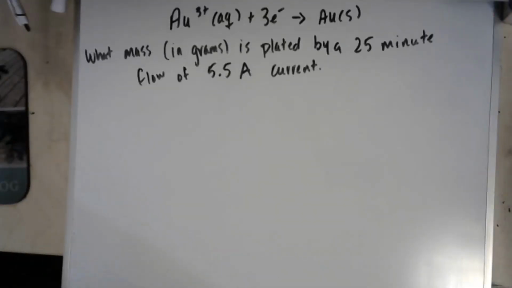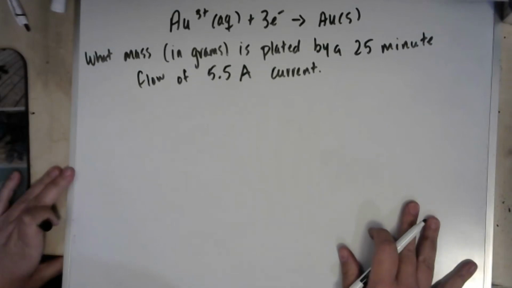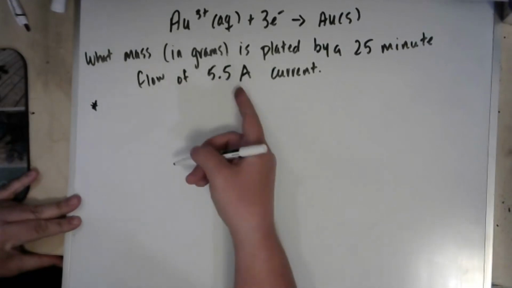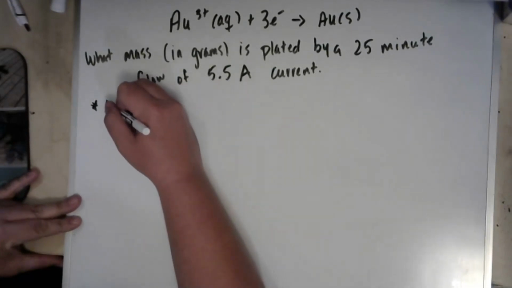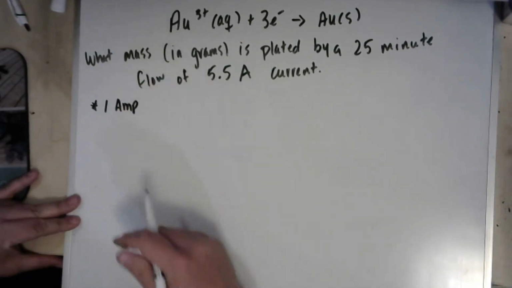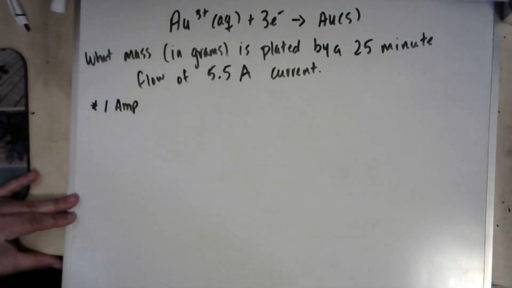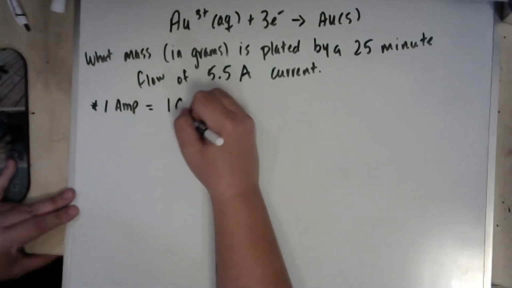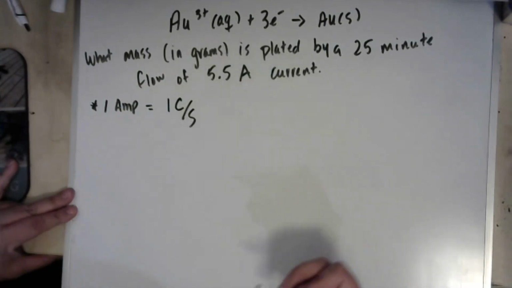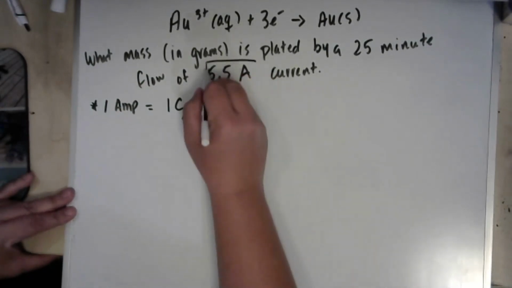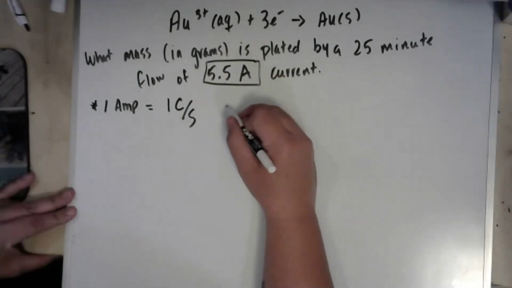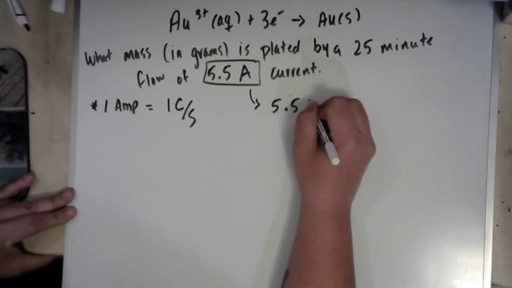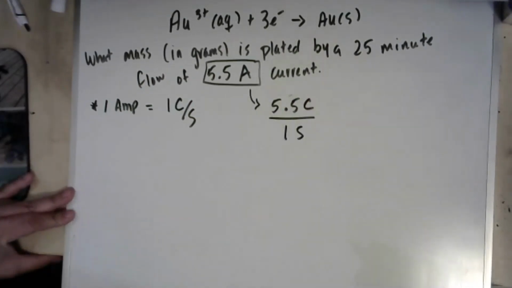Before we can really jump in and answer this question, we need to cover a few different things. One is the definition of ampere. 1 amp, which they have shortened to a large A in this question, is going to be equal to 1 coulomb per second. So when you see a term like 5.5 amps, that's going to equal 5.5 coulombs for every 1 second.